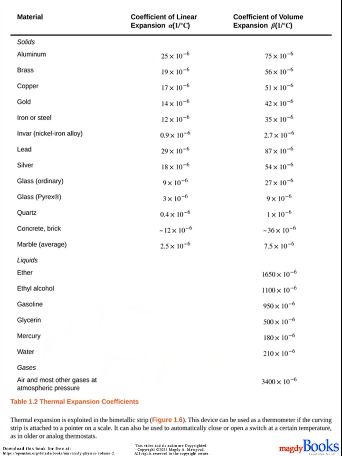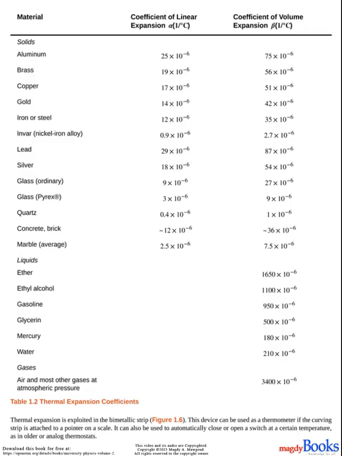Table 1.2. Material. Coefficient of linear expansion, α, 1/°C. Coefficient of volume expansion, β, 1/°C. Solids. Aluminum: 25 × 10^-6, 75 × 10^-6. Brass: 19 × 10^-6, 56 × 10^-6.